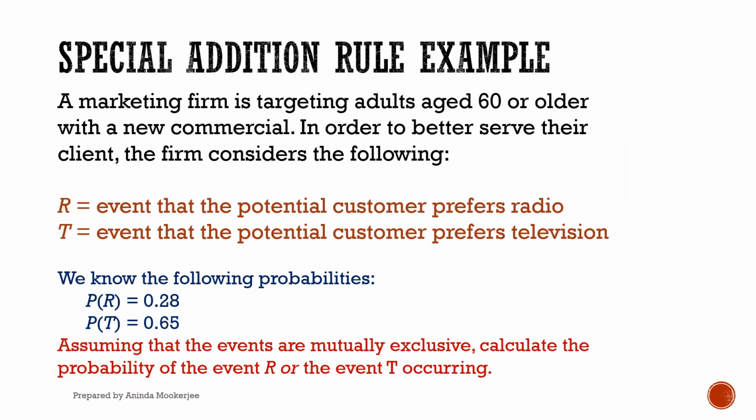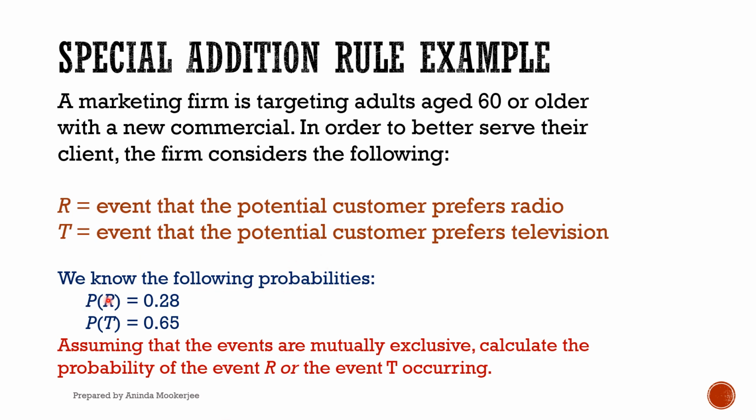Let's look at an example of the special addition rule. A marketing firm is targeting adults aged 60 or older with a new commercial. In order to better serve their client, the firm considers the following. R equals the event that the potential customer prefers radio, and T equals the event that the potential customer prefers television. We know the following probabilities.